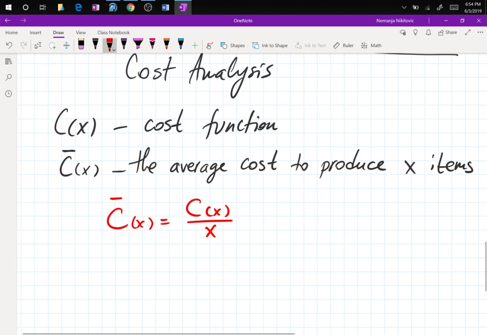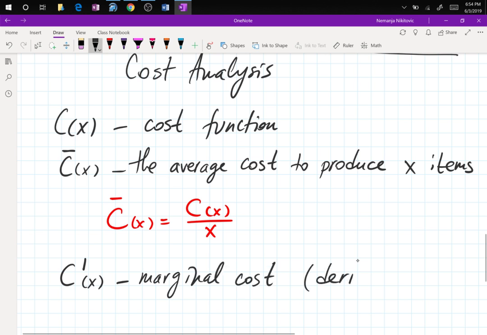The third cost-related thing that we are learning is a C prime of X known as marginal cost. And that's the one I'll put derivative.